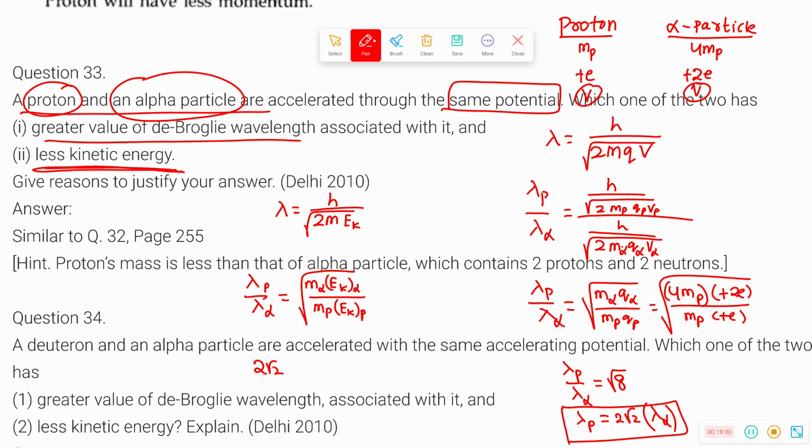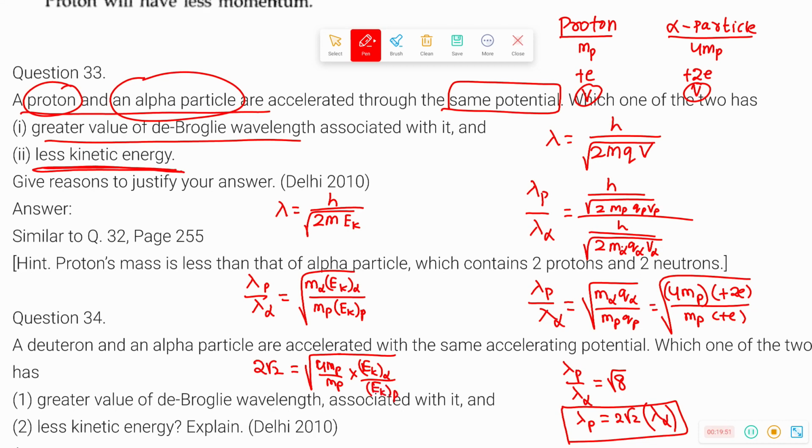Root 8 is your 2 root 2, right? Now I have here 4 mp by mp, and here kinetic energy of alpha by kinetic energy of proton.